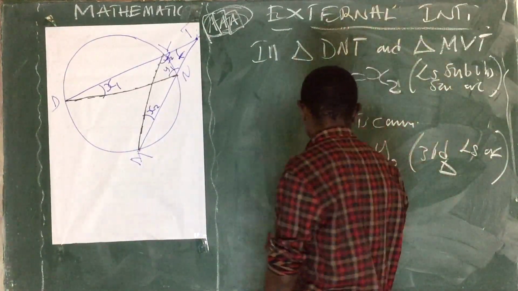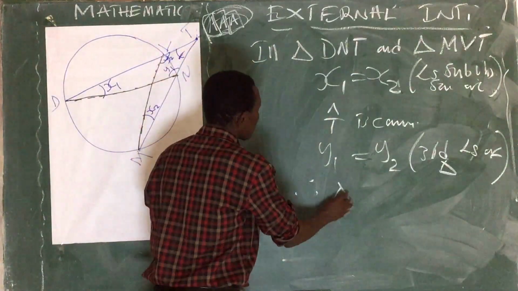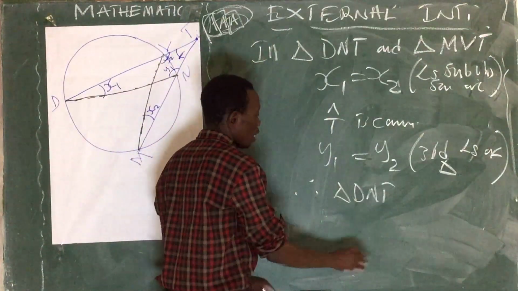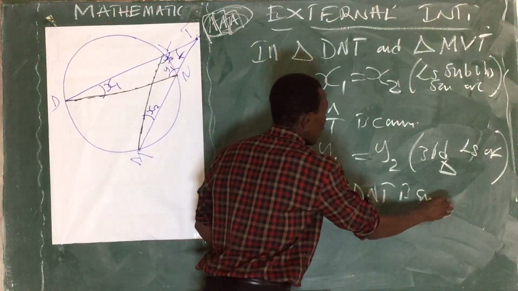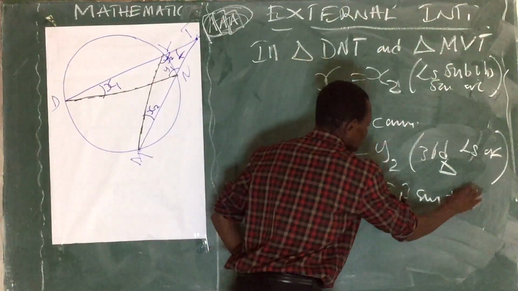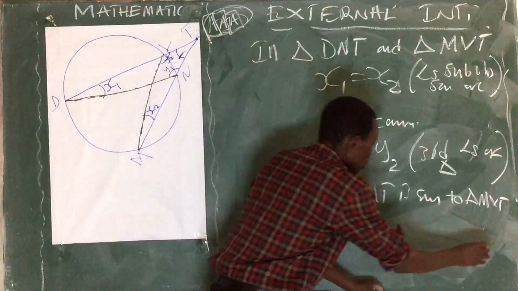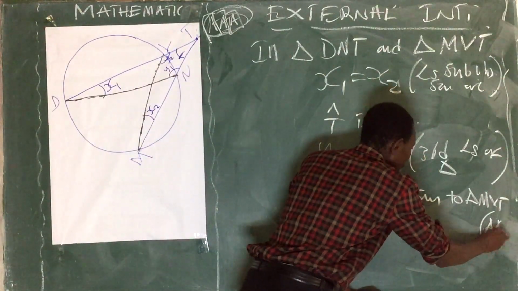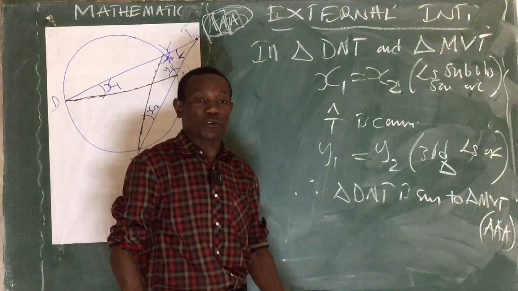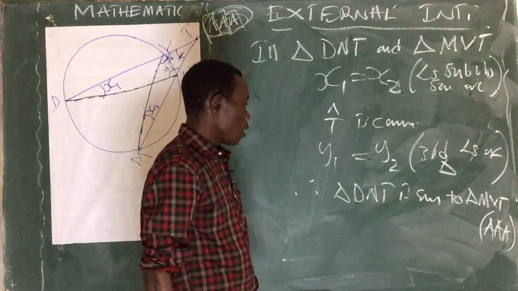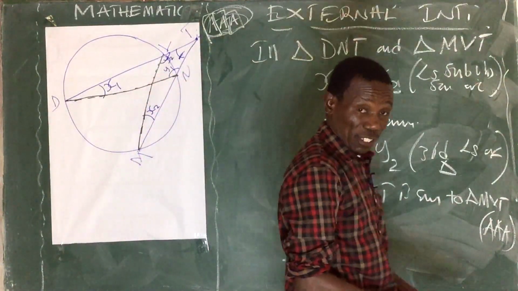So what do we say then? Therefore, triangle DNT is similar to triangle MVT. You write in the bracket: equiangular test. Right. So now what is this about it?